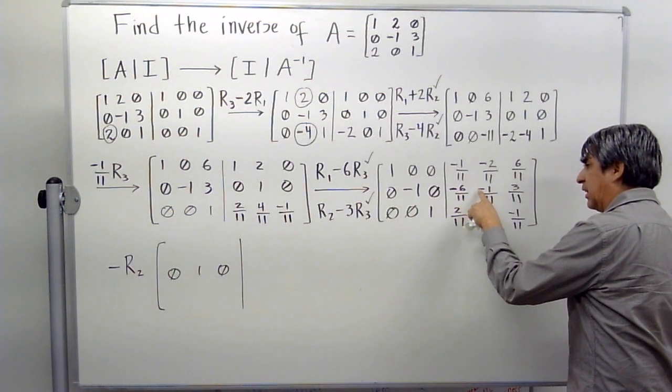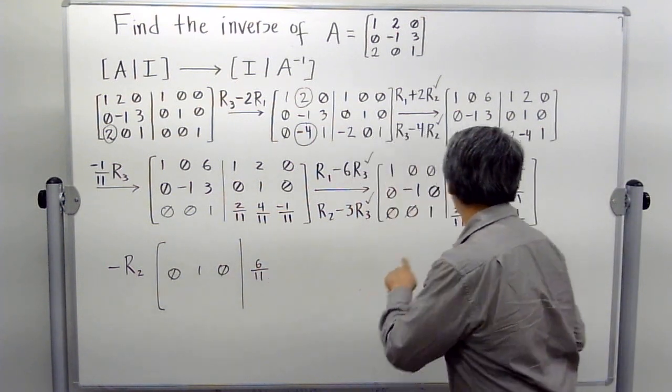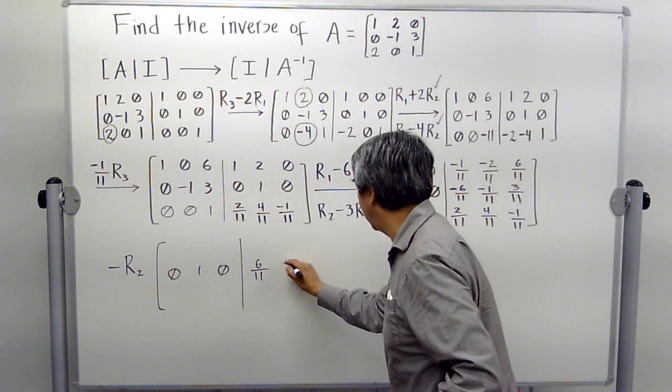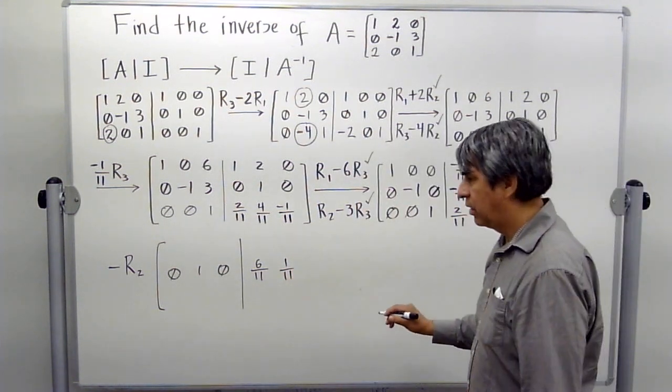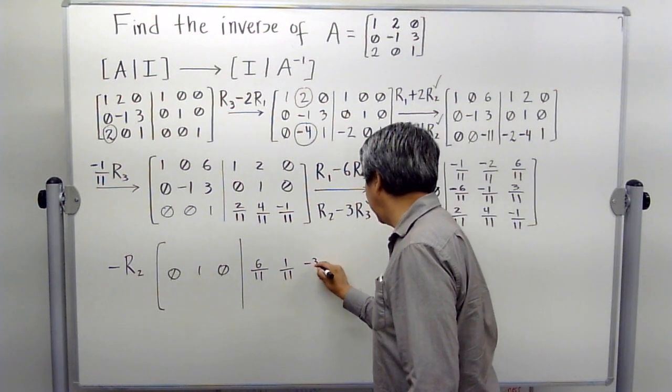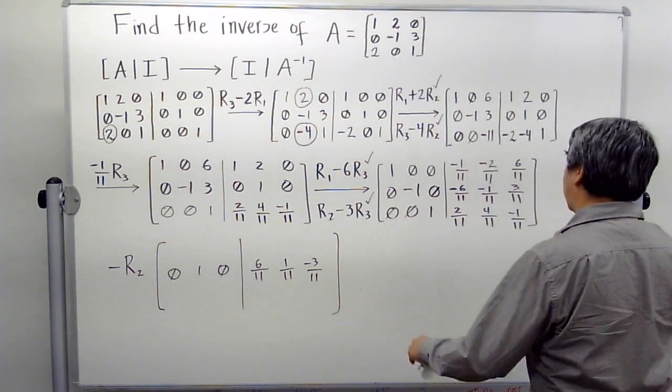Change the sign, 6 over 11. Change the sign, becomes 1 over 11. Change the sign, that becomes negative 3 over 11. Keep the other two rows.